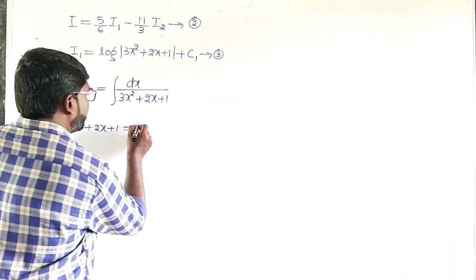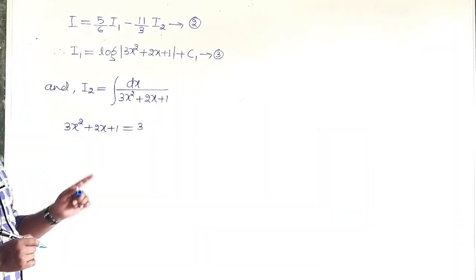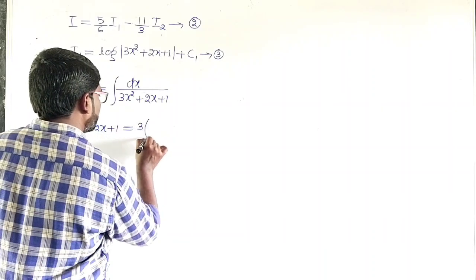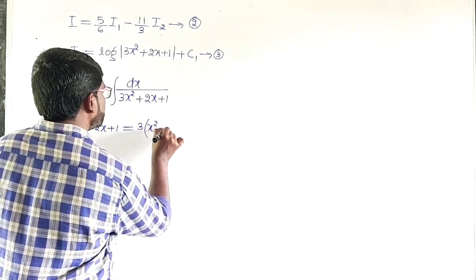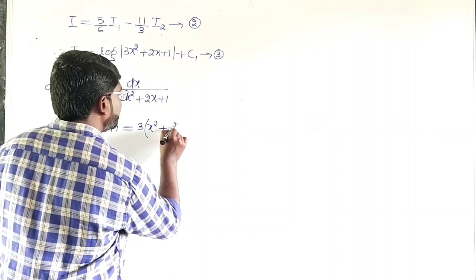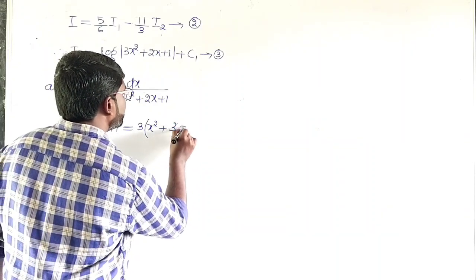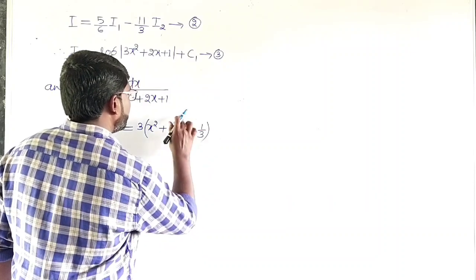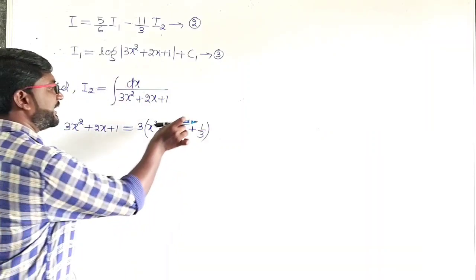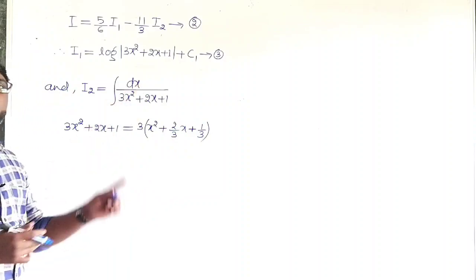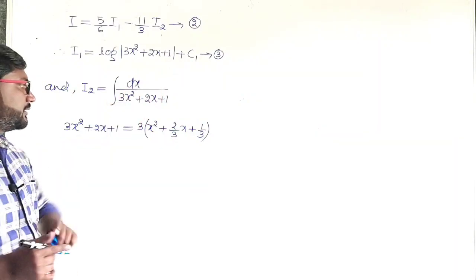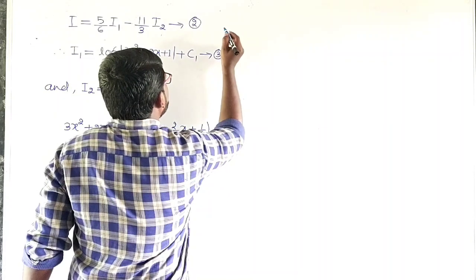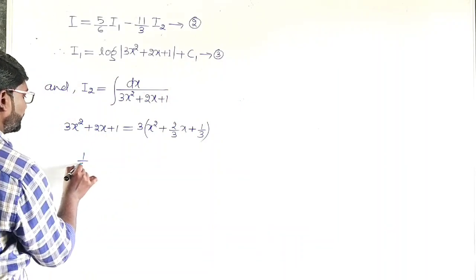So now I take 3 common in order to make the coefficient of x square as 1. So x square plus, here we get 2 by 3 x plus 1 by 3. In the next step we have to add and subtract b by 2 the whole square, or 1 by 2 into b the whole square term. See here, I'll take 1 by 2 into b.